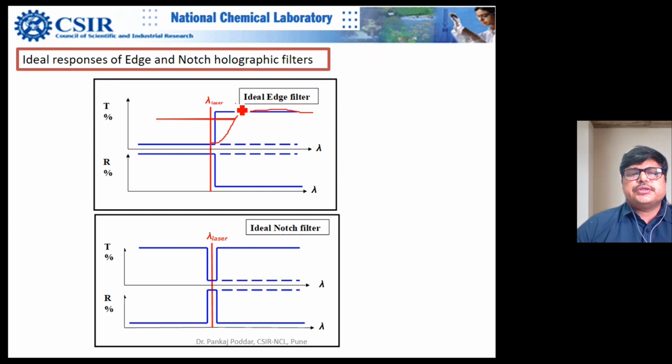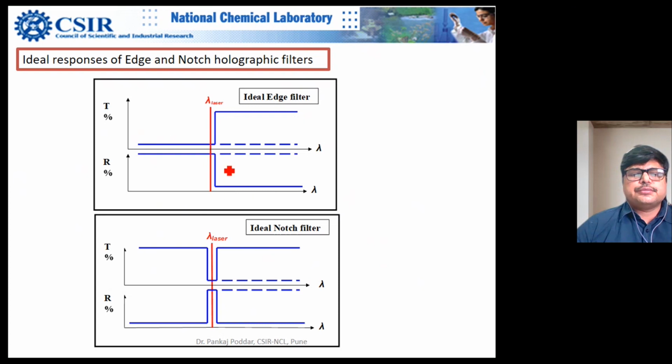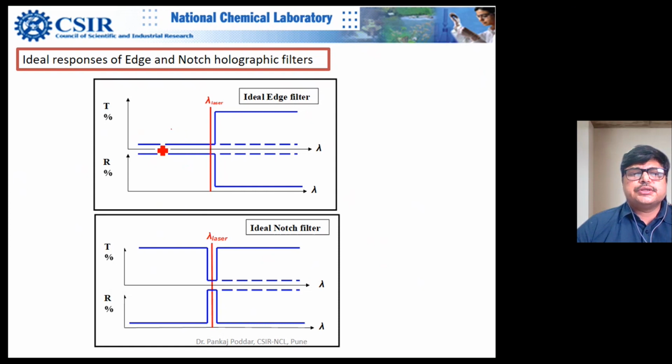So the edge filter actually blocks below certain wave numbers, which is the problem. That's why people go to the expensive systems. Now the notch filters. Here we don't have access to the anti-Stokes line, because the anti-Stokes lines are here, and they are also blocked.